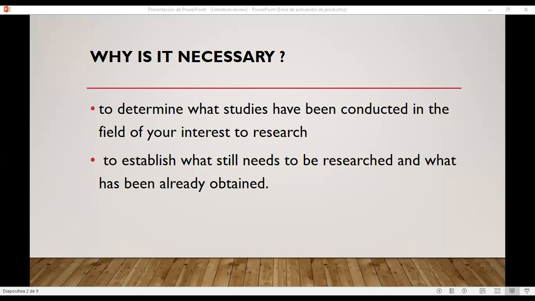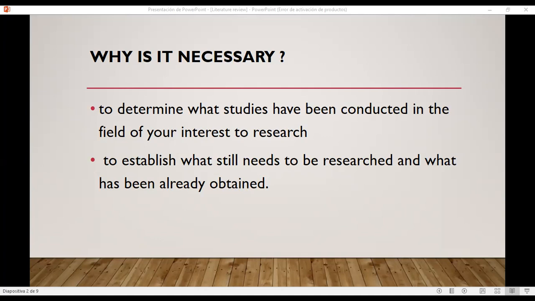Because we need to establish what still needs to be researched and what has already been obtained. What results have those studies contributed? So we are going to work on the gap between what has been done and what is still a necessity to research.